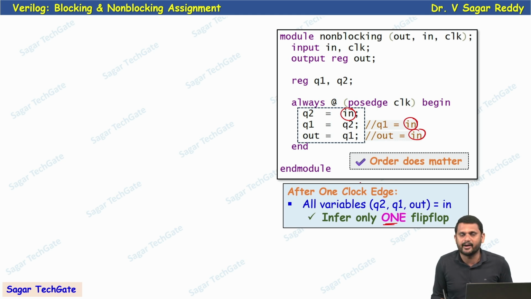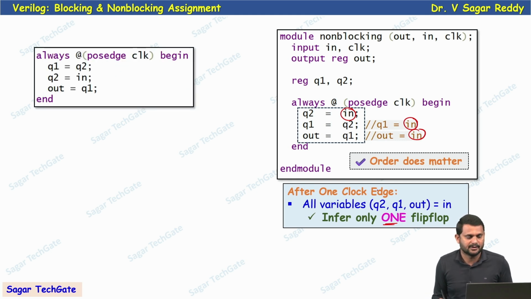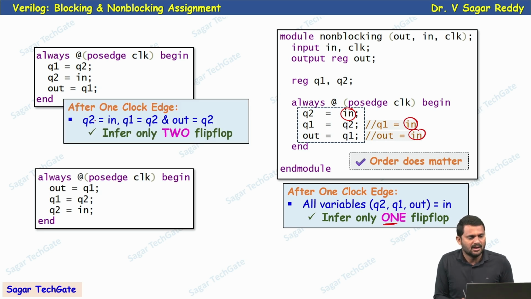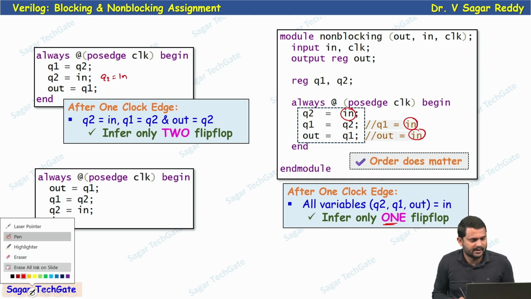Yes or no? All variables hold only one variable in. But if we change this order, okay, we'll get a different RTL, different synthesis output. Clear? Now in this case, if I write like this, see here I'll change the order. Now in this case, the Q2 is in. But what about the Q1? Q1 is equal to Q2. Okay, here first of all, I'll explain clearly.